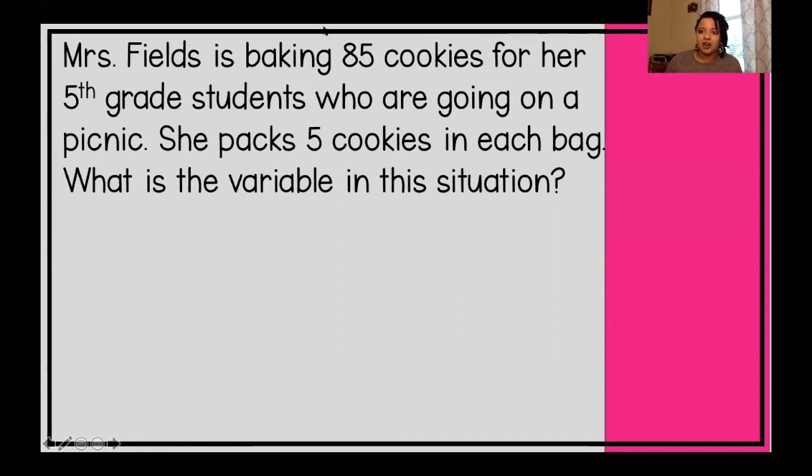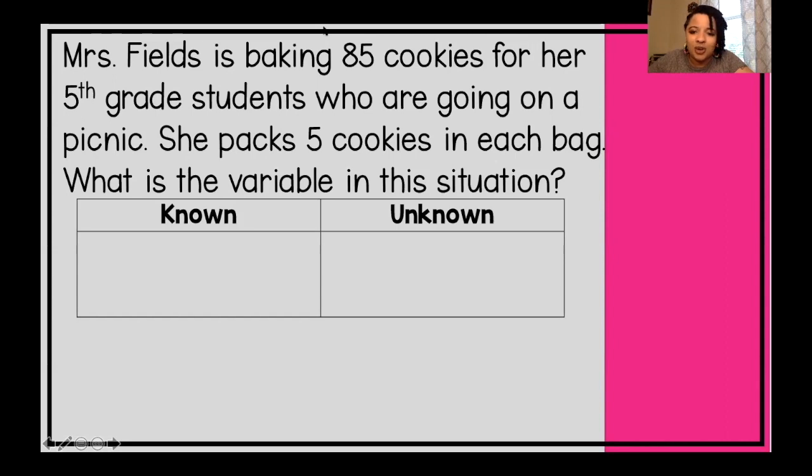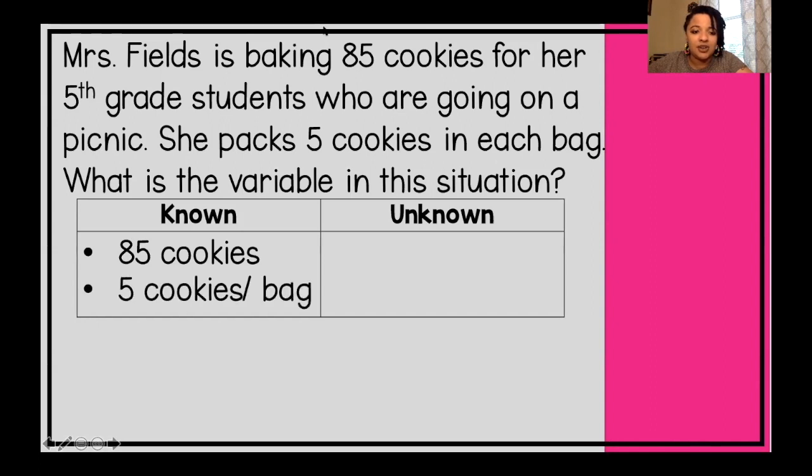Now remember, the variable is the thing that we don't know. So in order to help us with this one, let's make a table of the things that I know and the things that I don't know in the word problem. The first thing I know is that she made 85 cookies. And the next thing I know is that she put 5 cookies in each bag.